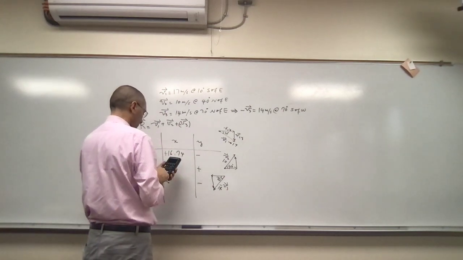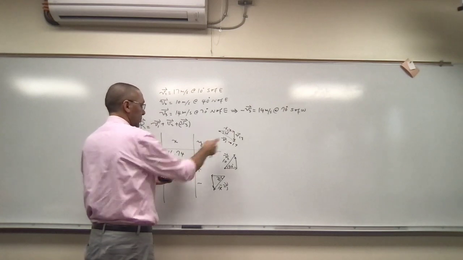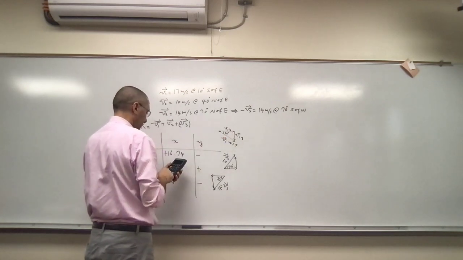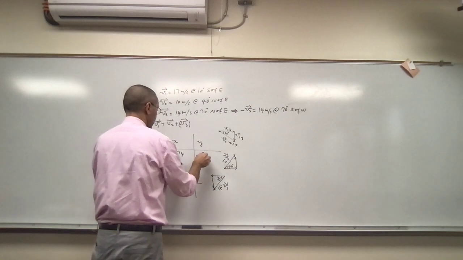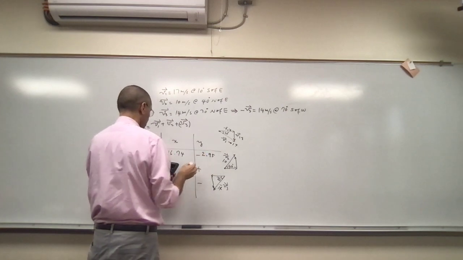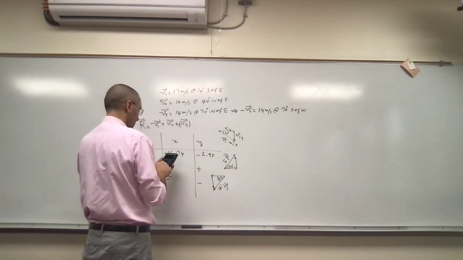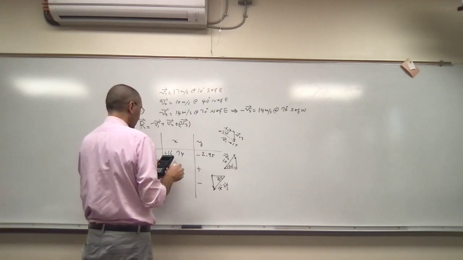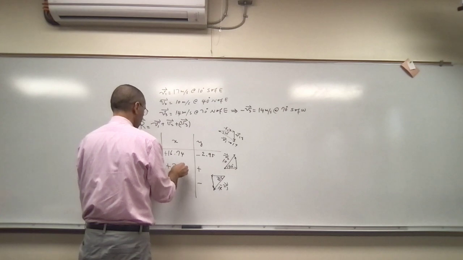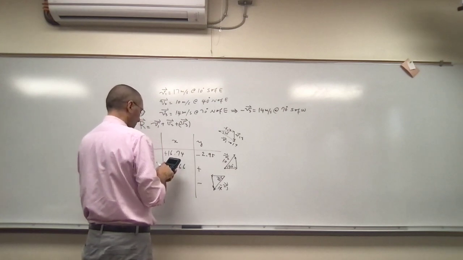Then I do 17 sine, because the y is the opposite, sine of 10. I get 2.95. And then I do V2, which is 10 cosine of 40. That's 7.66. Then I do 10 sine of 40.